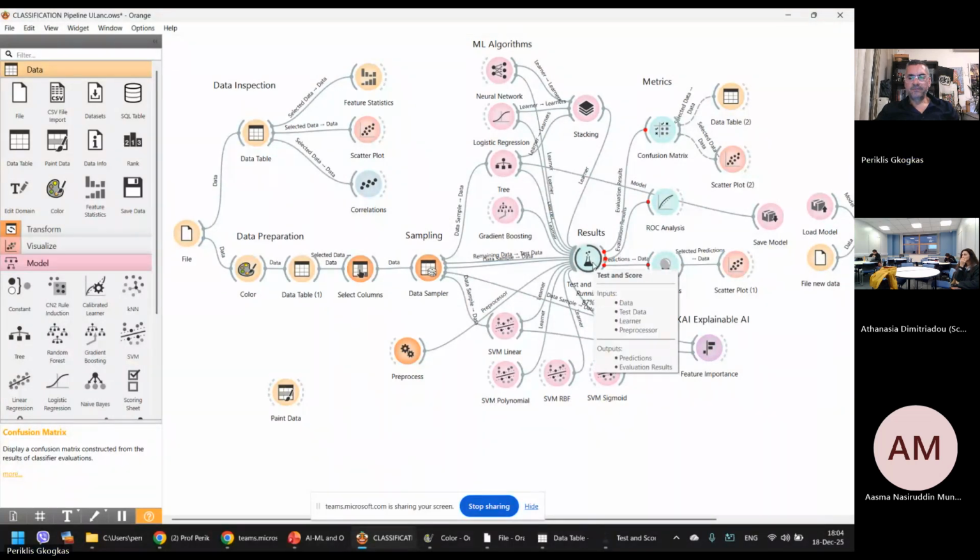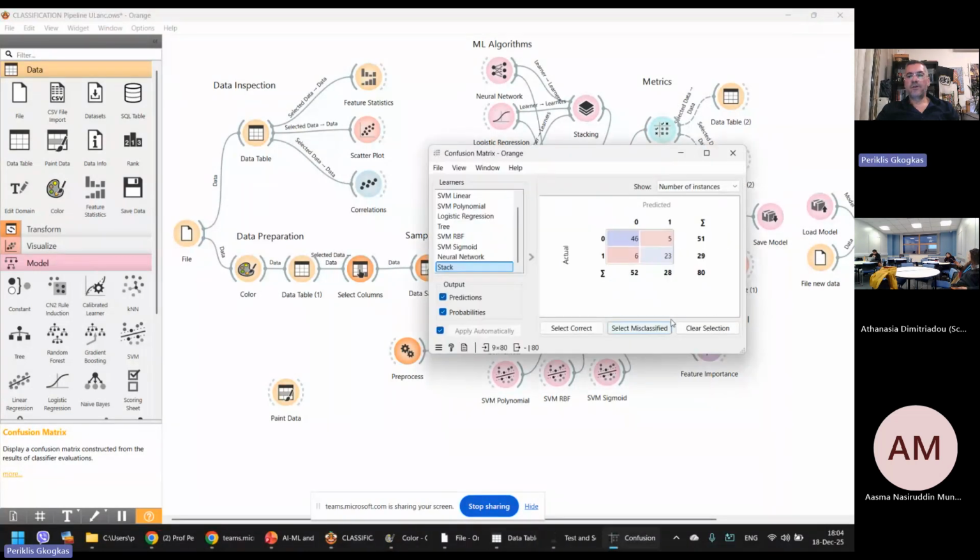Come on. Okay, now it's done. So now you see the results for the 8 observations in the training set. Out of those 8 observations, the actual number of good customers is 51. So we have 51 good customers and 29 bad customers.